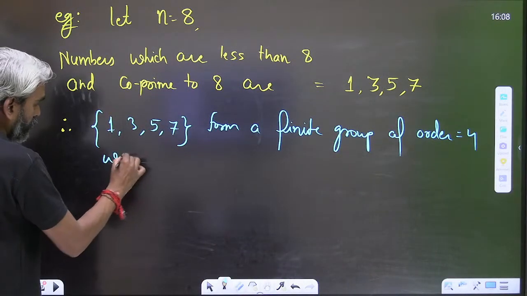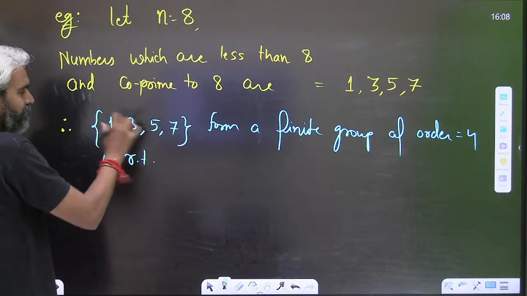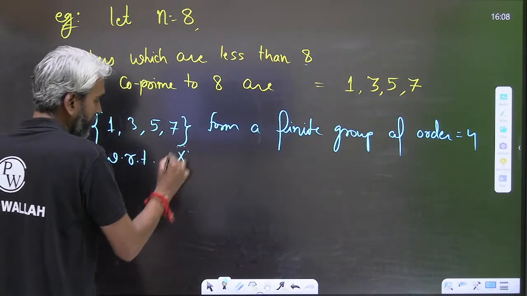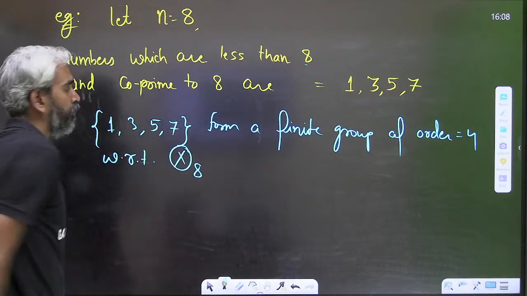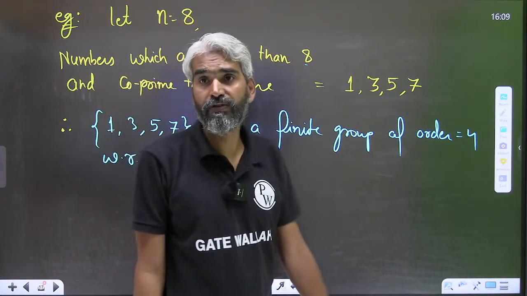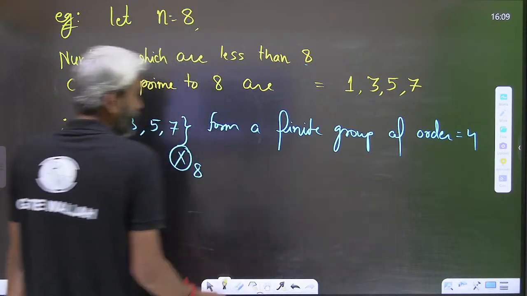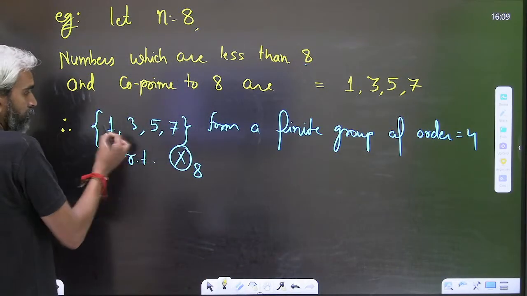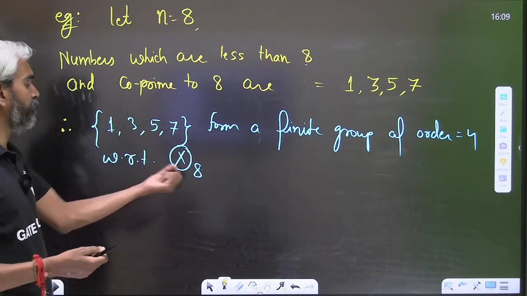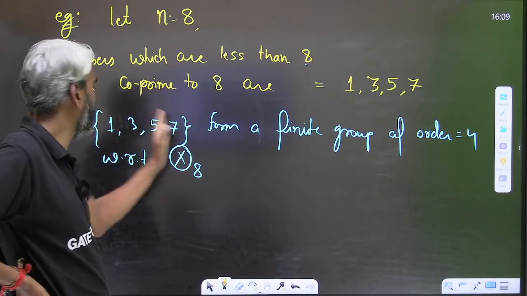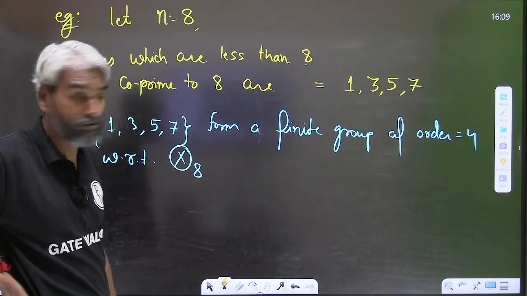Since these numbers are co-prime to 8, the operation will be multiplication modulo 8. Let's understand this: if we take any two numbers from this set and perform multiplication modulo 8, the result will also be present in the set, that is, it is closed. Please check.